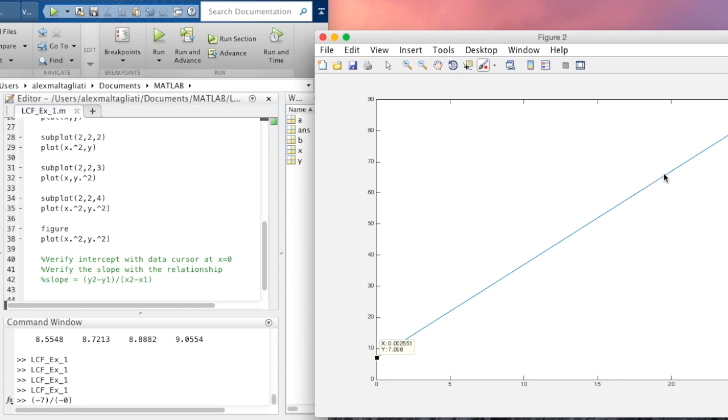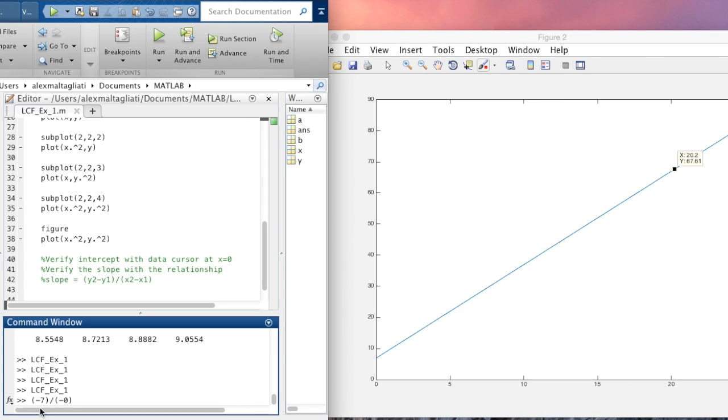The data cursor tool. Drag this down. Okay, let's pick this point. So this is our y2 and x2, and we can plug in these values. We have a y2 of 67.61 and an x2 of 20.2. And once we take y2 minus y1 over x2 minus x1, we'll get about, that looks like about 3.